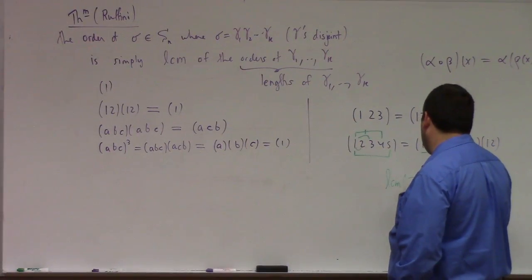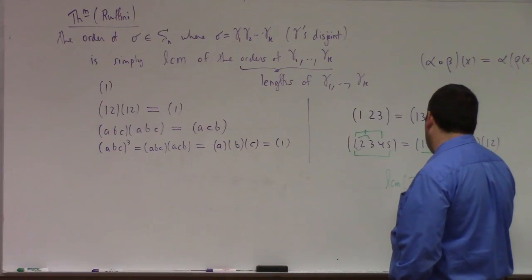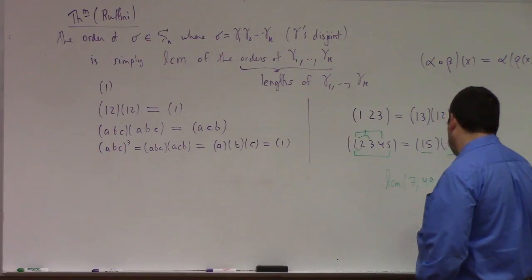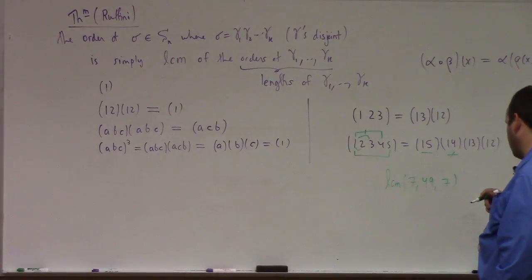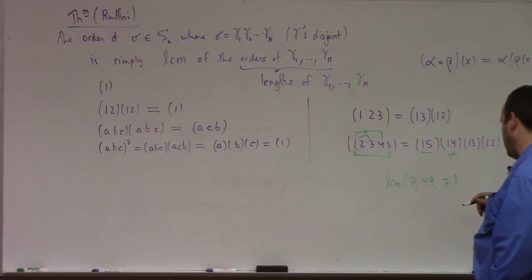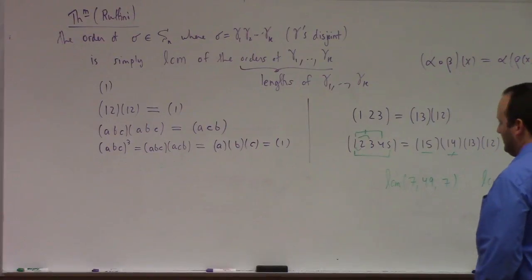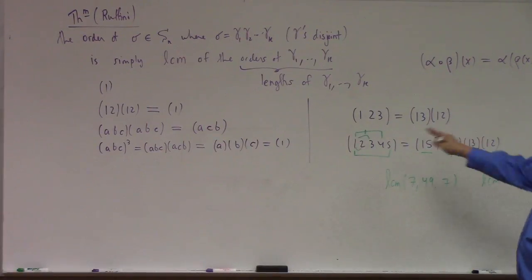For example, what's the least common multiple of 7, 49, and 7? Because 49 is also a multiple. It's 49, right? So the LCM of 2, 2, 2, 2, 2 is 2. Okay. Sorry. But anyway, the point is that that has order 5.